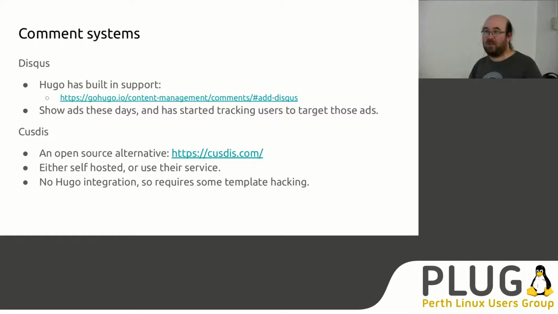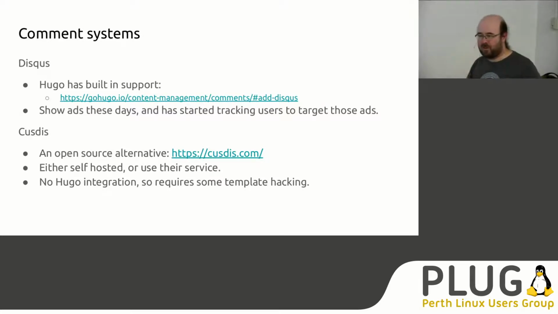One of the new ones which showed up is an open source one called Cusdis. It's open source, so you can host it yourself if you don't want to be relying on any third parties, but they also offer a hosted service, so you can sign up for an account and they will host your comments for you, similar to what Disqus is doing.